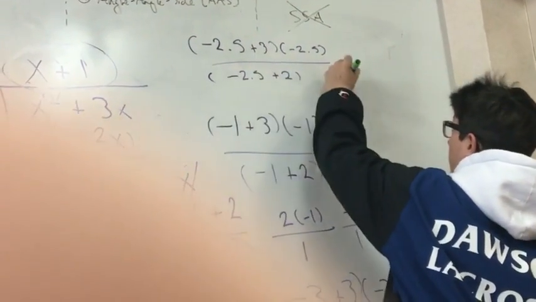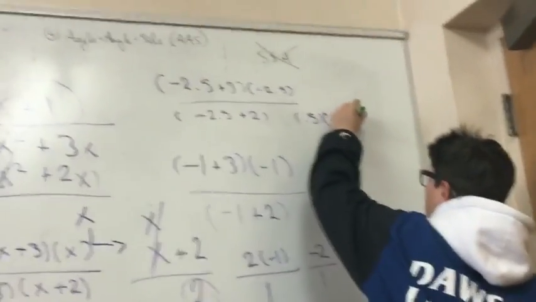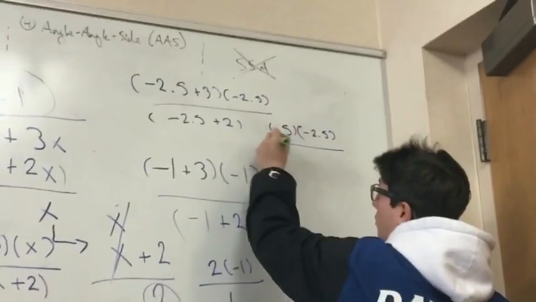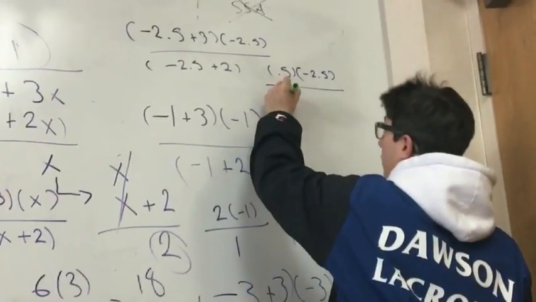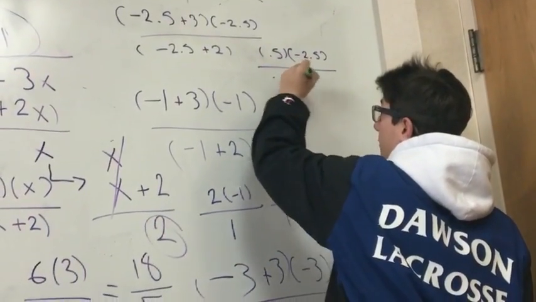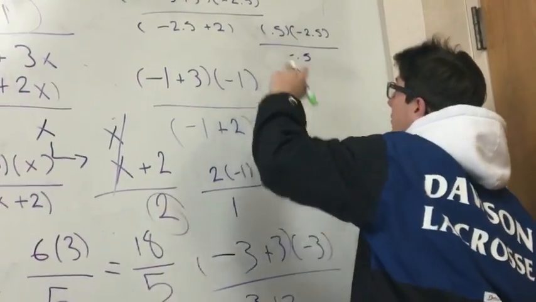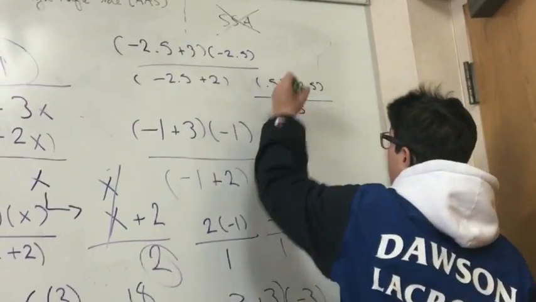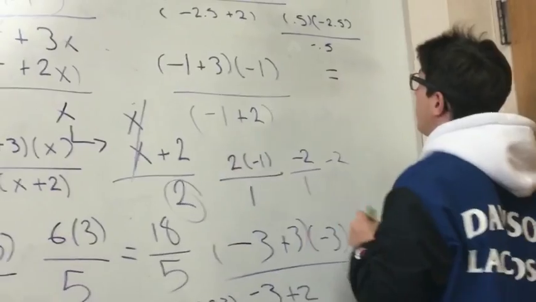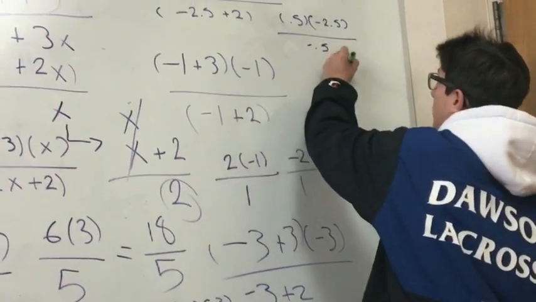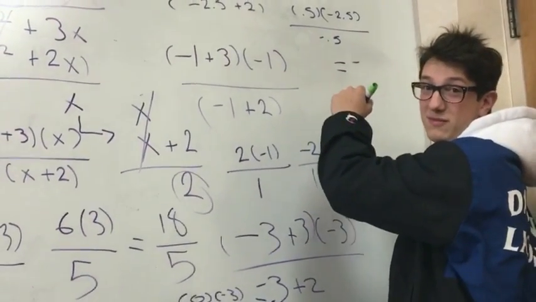That should equal 0.5 times -2.5 over 0.5, -0.5. So then we'll just multiply this, which should equal a negative.